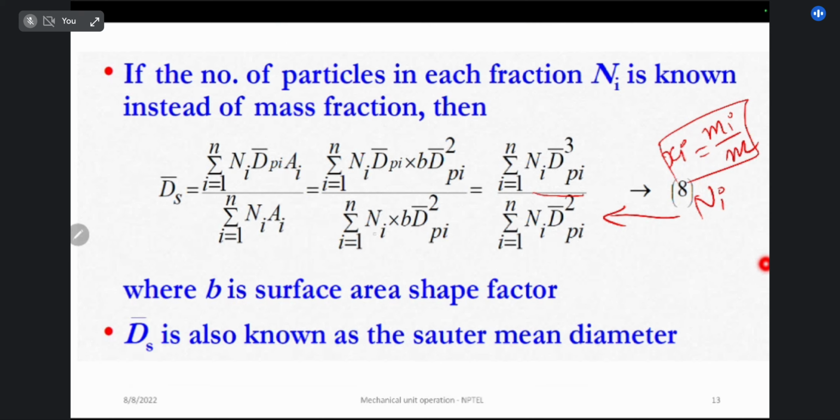Here, in between the derivation of this equation, we consider the area shape factor, but in the final equation you can't find any phi. So if you have the number, you can use this equation. d bar s is also known as the Sauter mean diameter, so it's the same d bar s. If you have xi, another equation can be used, and if you know Ni, then this equation you can use. It is very useful in many practical applications and examples.